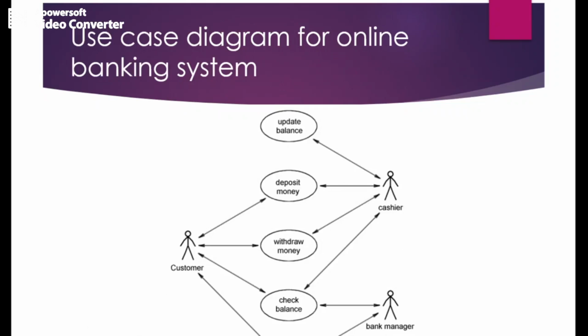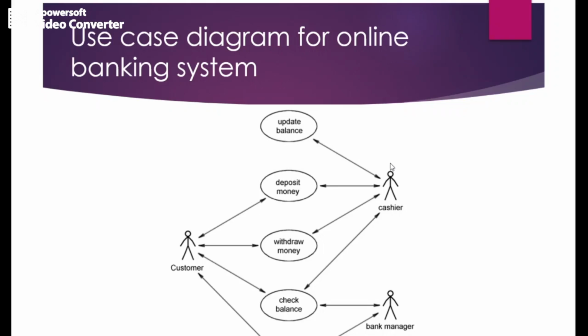Next, same thing, use case diagram only. We'll see for online banking system. So actually here the customer, okay. So we have three actors here. One is customer, another one is the cashier, and third one is the bank manager.